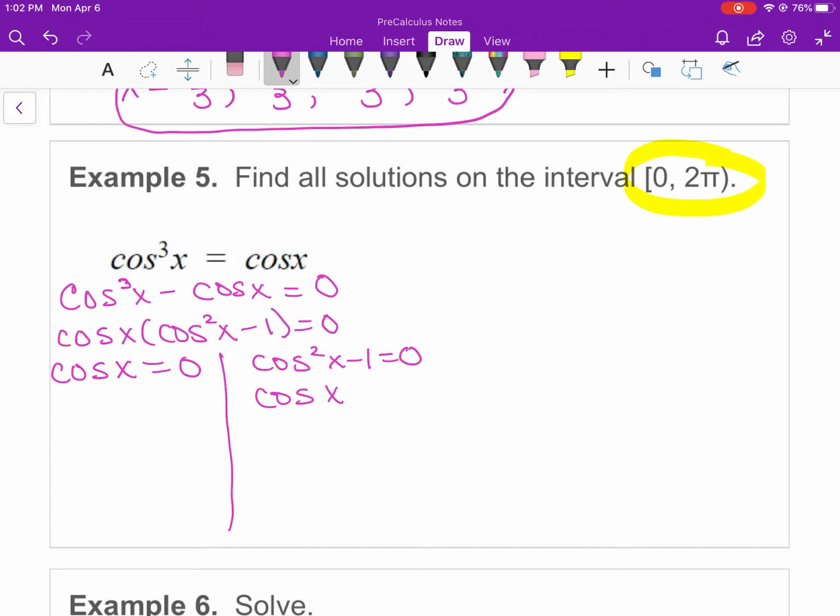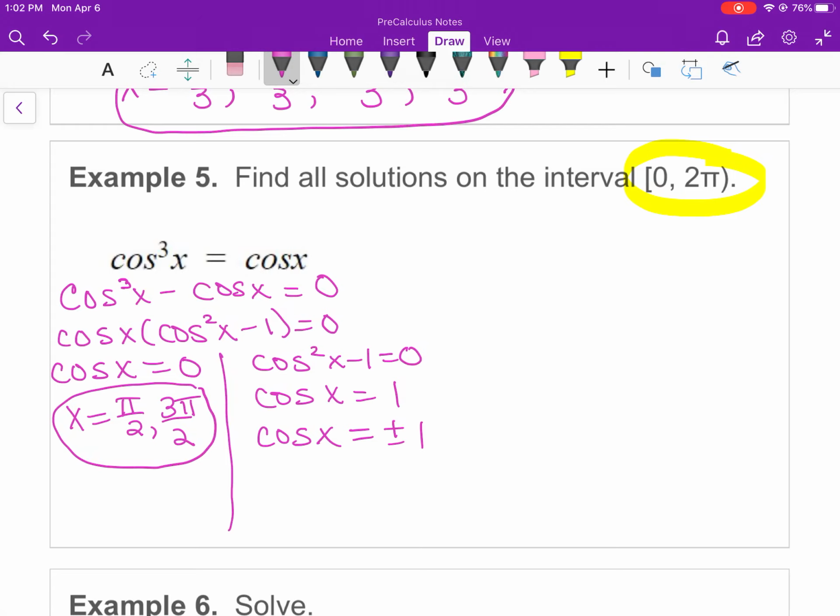I can add the 1 over and take the square root, or I can factor it into difference of 2 squares. All right, cosine is 0 at pi over 2 and 3 pi over 2. Cosine is 1 at 0, and it's negative 1 at pi. So I get 4 answers.